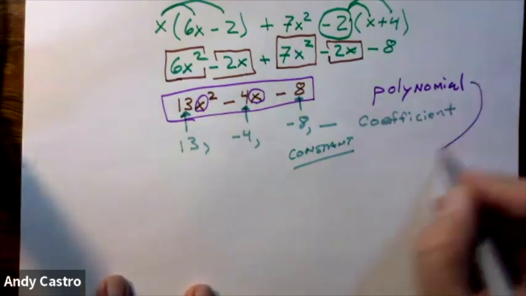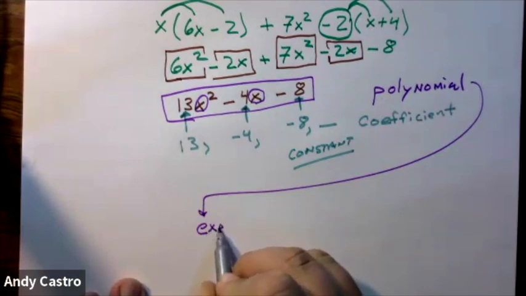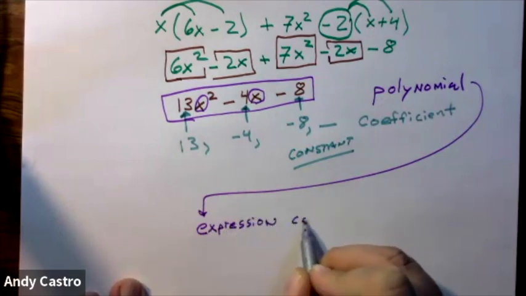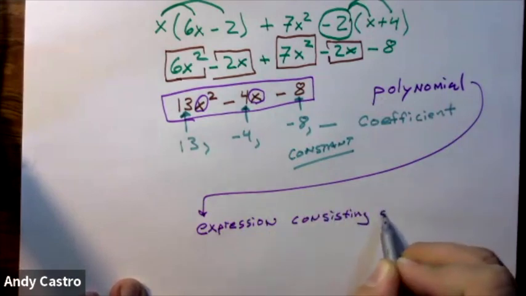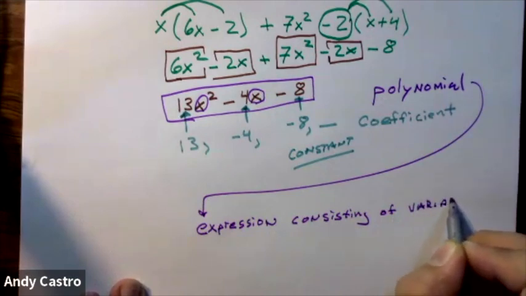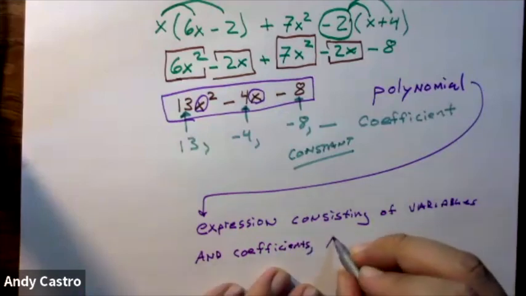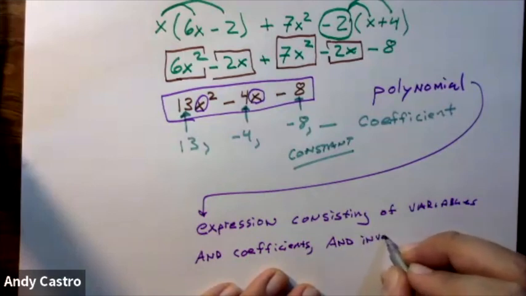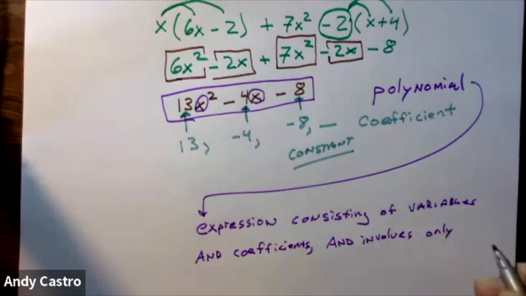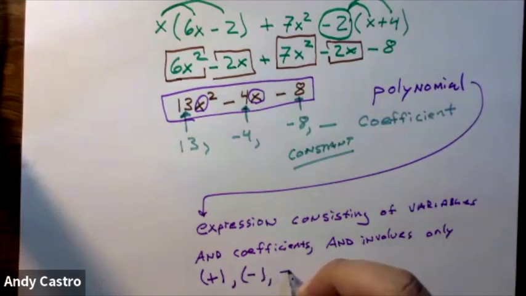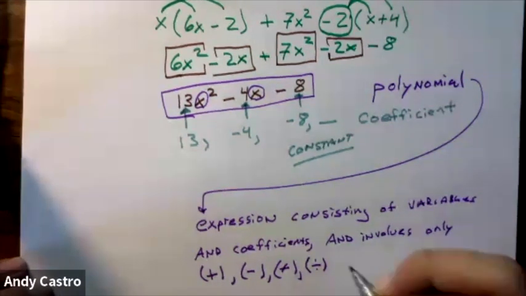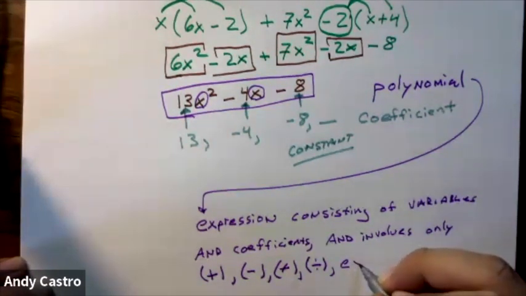Polynomial, let's write the definition here. It's a mathematical expression consisting of variables and coefficients and involves only addition, subtraction, multiplication, and division, and exponentiation.